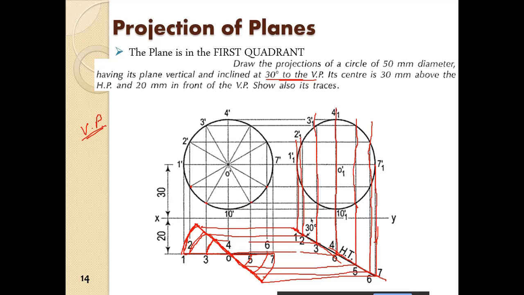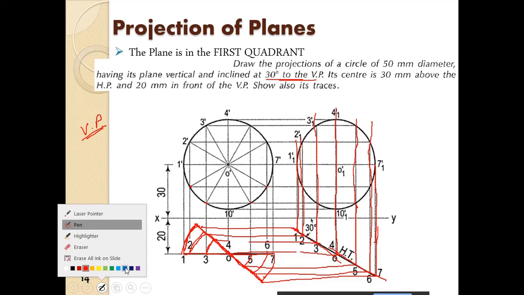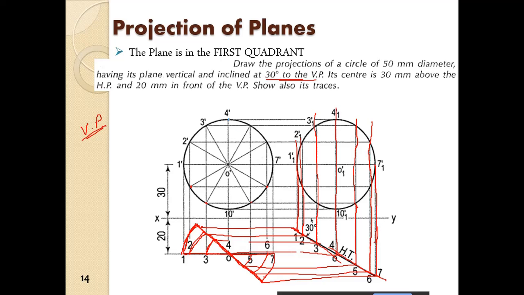Now how to get the ellipse? From here, you see it is just rotated like a door. So from here we have to project the points onto this plane over here. So from 4 dash I project this line and I get the intersection here.